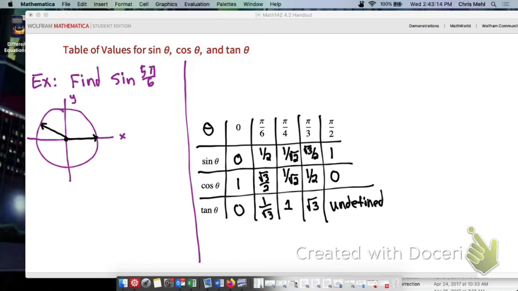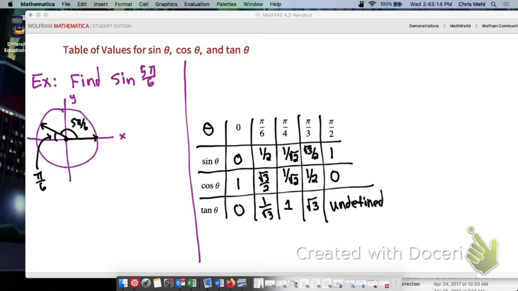Now, since the original angle was 5 pi over 6, and the bigger angle and the smaller angle make up pi, the smaller angle right here has to be pi over 6.